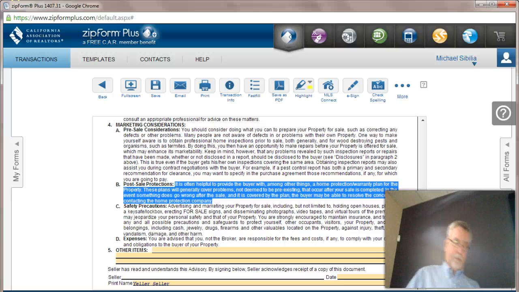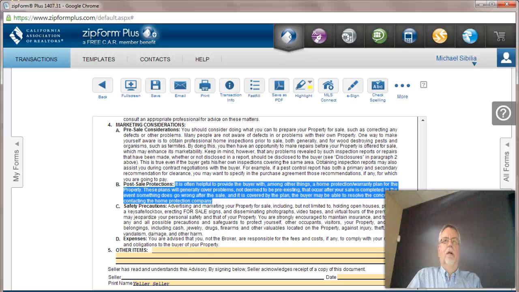By the way, errors and omissions insurance companies charge, one of the criteria they use to determine whether they're going to insure an office, how much the office pays, and what your deductible is, is what percentage of your transactions have a home warranty. Now what does that mean to a seller? Don't everybody blurt it out at once.